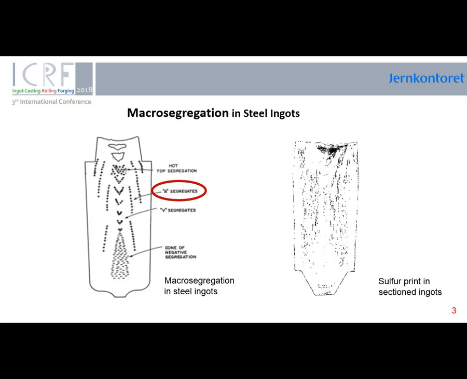Next, there is a sulfur print test taken in the A-segregation area. Sometimes the ultrasonic test does not detect the A-segregation channels. Instead, as observed in real products, because of material heterogeneity, we can have problems meeting the specifications concerning mechanical properties.